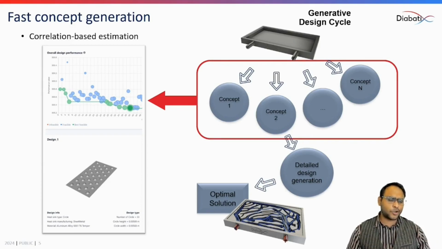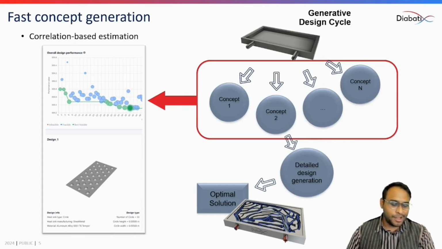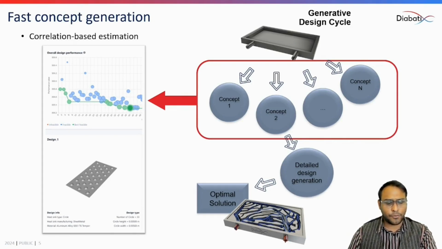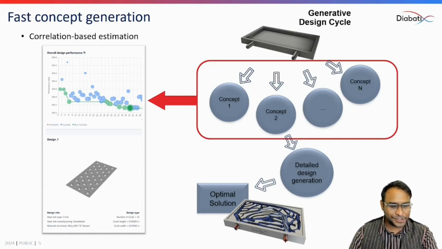ColdStream amplifies your conceptualization phase by not only helping you get to these concepts at a much faster rate, but also helping you get to a better starting point before you actually start optimizing for the full-fledged thermal topology optimization.